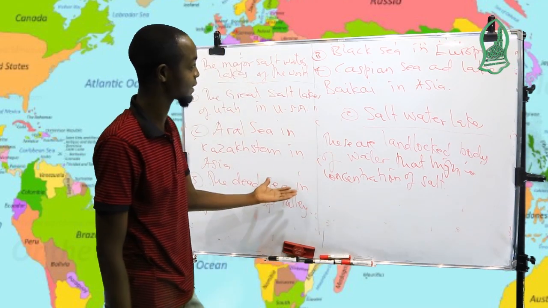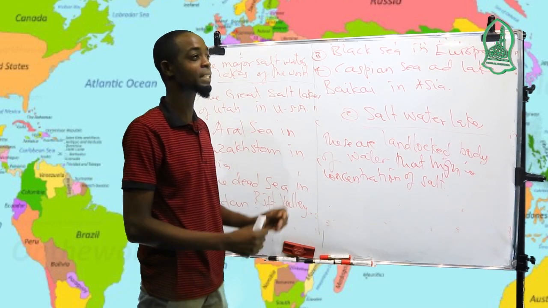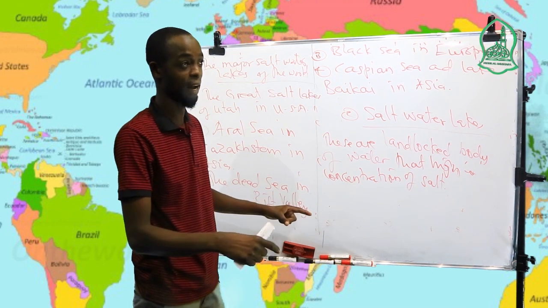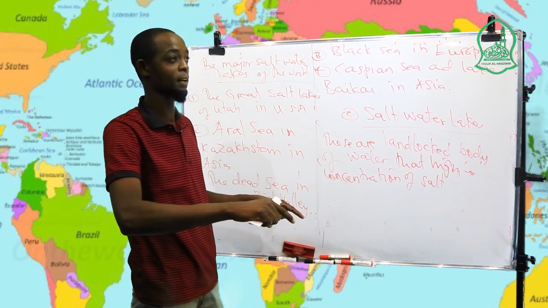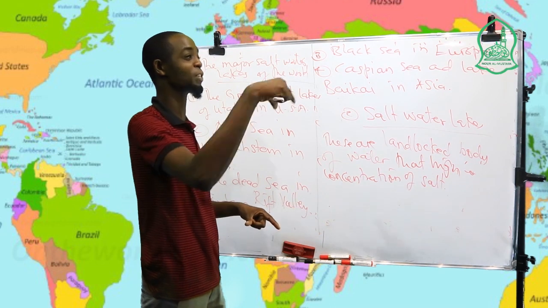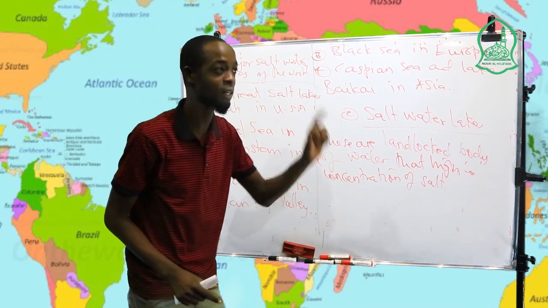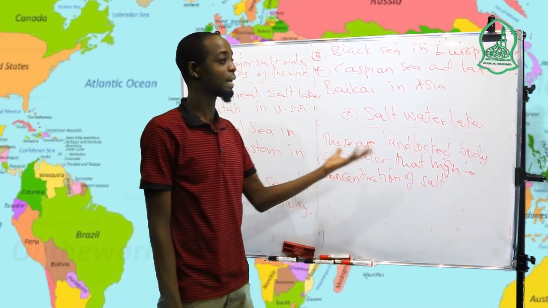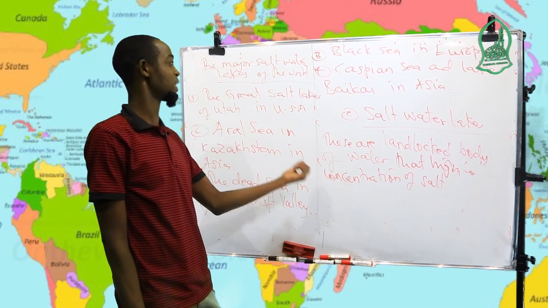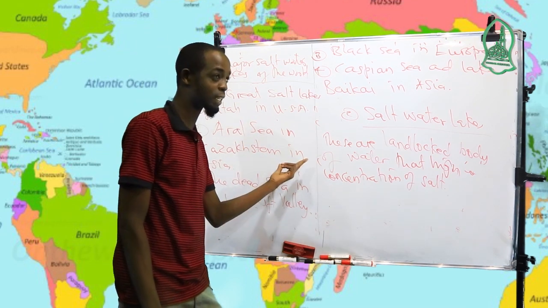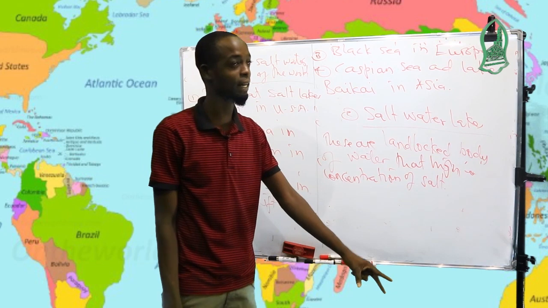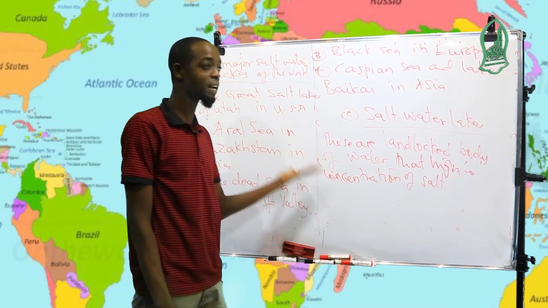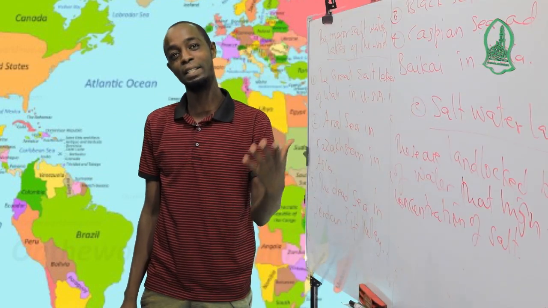We have said that lakes are landlocked bodies of water, meaning the water is surrounded by land, found on the continent and not part of the ocean water. We have seen the types of lakes: freshwater lakes and saltwater lakes.